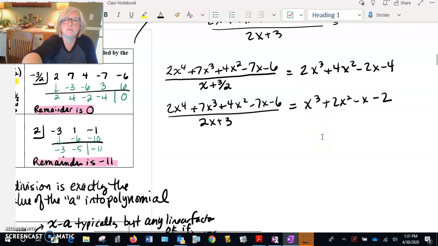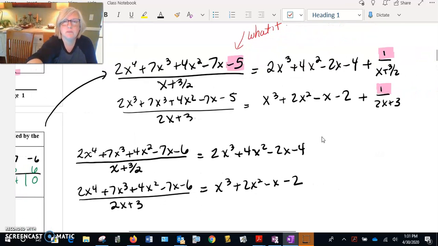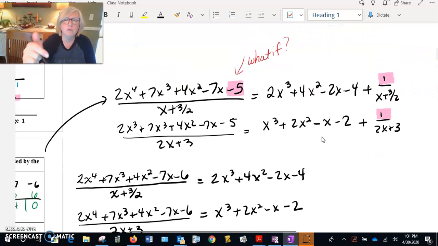It also works when the remainder is not 0. This part up here was me just proving it to myself. What if I changed the polynomial and I made the constant -5 instead of -6? That way I knew it would have a remainder of 1 when you do the division. Dividing by this gives me this over here, right?